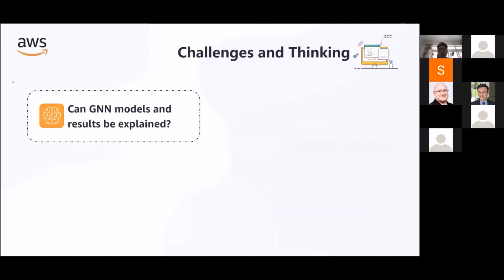So actually, I'm working on this topic, and this is one of the questions for the research domain to answer: can a GNN model and its result be explained? Even though we see some papers, I'm not convinced that we can explain the model or result with current technology.